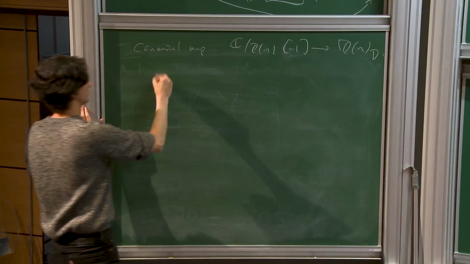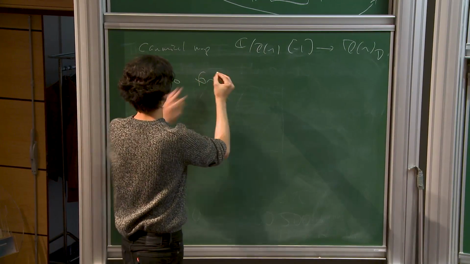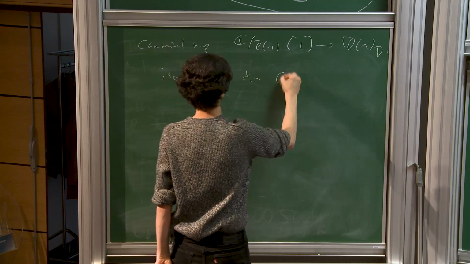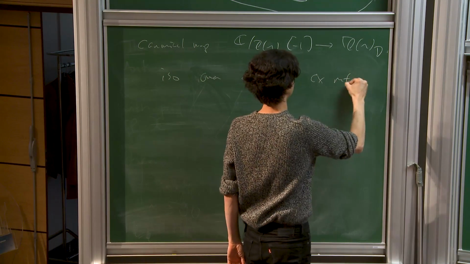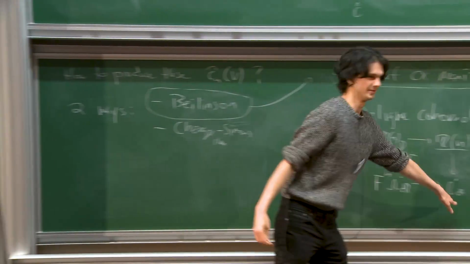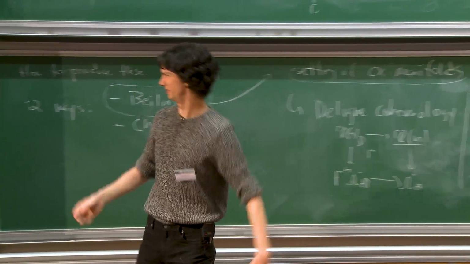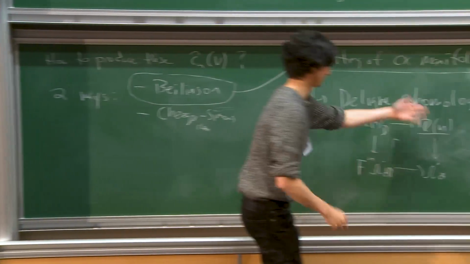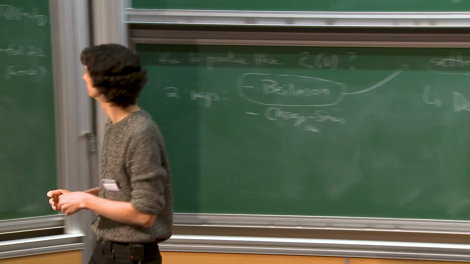And this map is an isomorphism over spaces of dimension 0, so dimension 0 complex manifolds, because in dimension 0 there's nothing going on with the de Rham complex. Sorry, for n bigger than 0, this term is 0, so you're seeing the same thing.